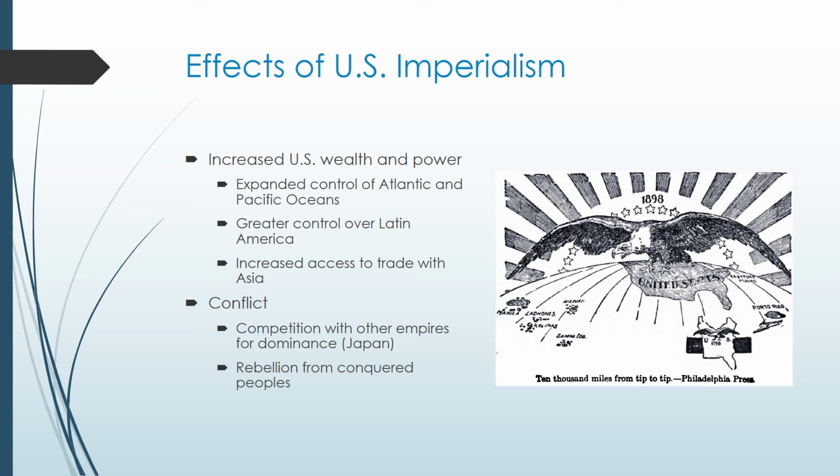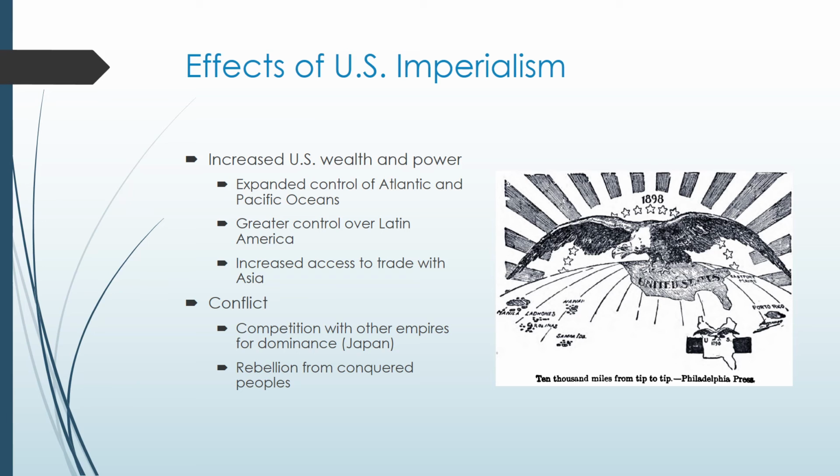We now control Latin America, thanks to the Roosevelt Corollary. And also, because of all the islands in the Pacific, and because of our base in the Philippines, the United States also has increased ability to trade with Asia, especially China and Japan.